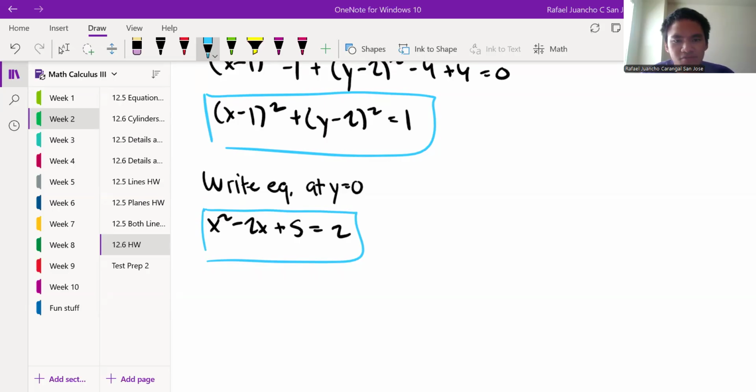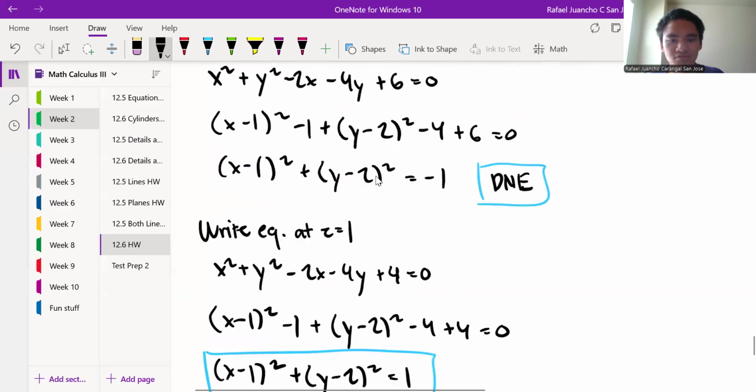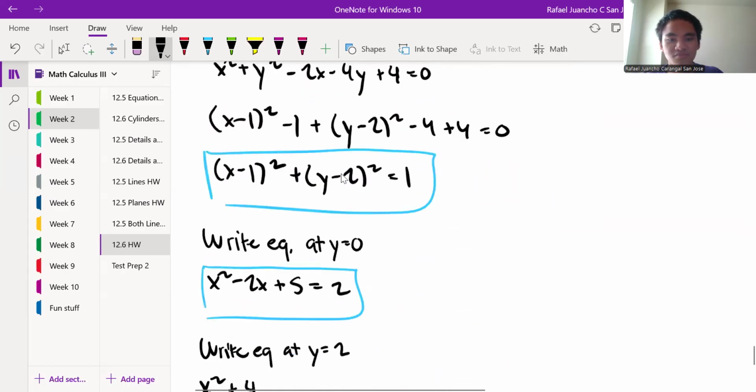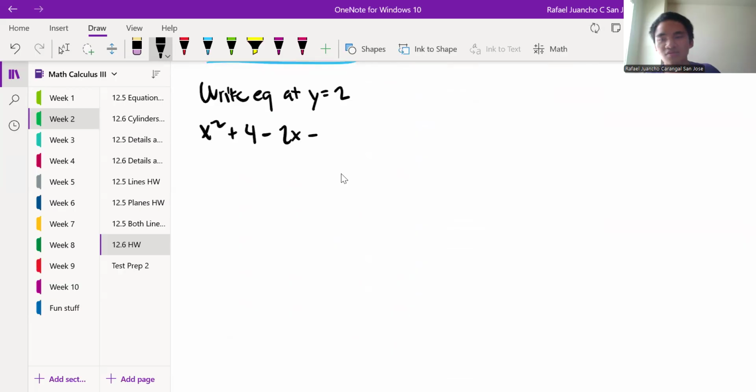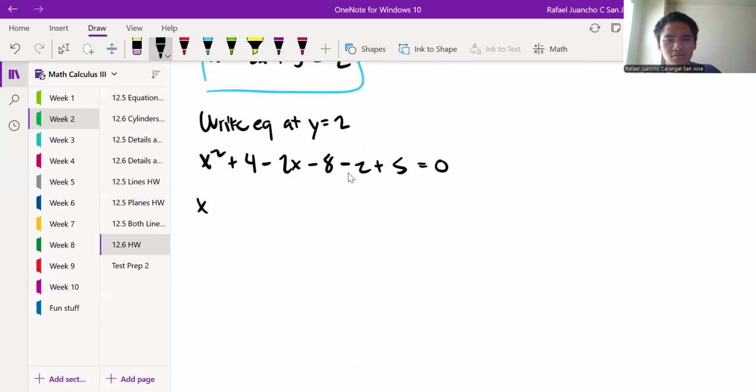Okay, then we do it for y equals 2. Not 0, 2. So we have x squared minus 2x. Actually, we have a y squared here. Let's just do that. Plus y squared, so plus 4. So now we have numbers. Minus 2x minus 4y, minus 4 times 2, so minus 8. Minus z plus 5. There. And another quadratic formula, I think.